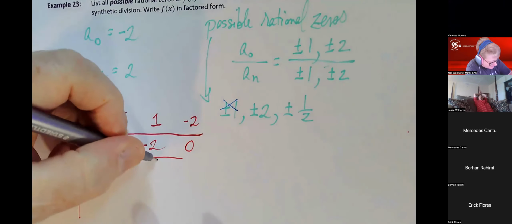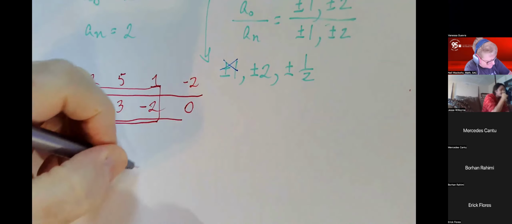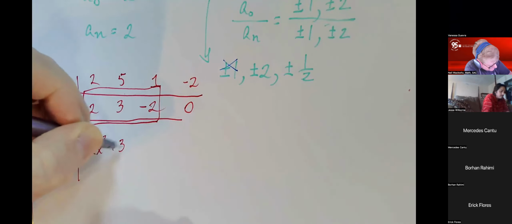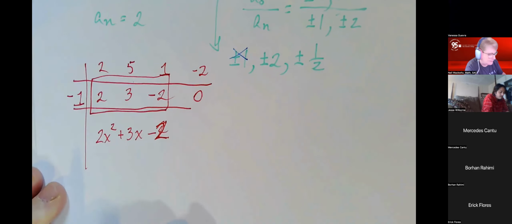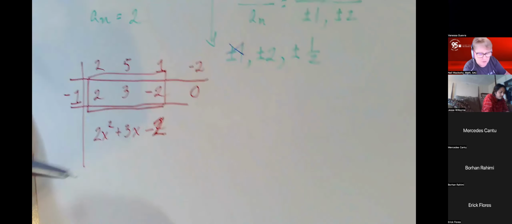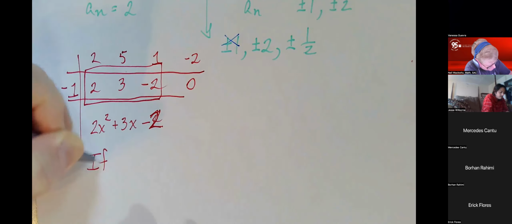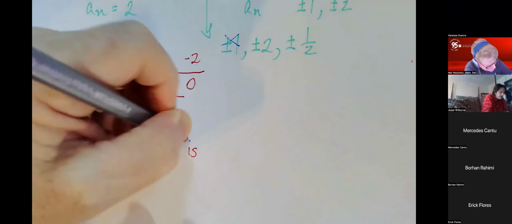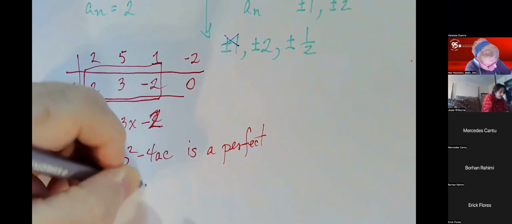And the remaining quadratic, let's see if it can be factored. That would be 2x squared plus 3x minus 2. A long time ago, like a couple of weeks ago, we said if the discriminant is a perfect square, we can factor.